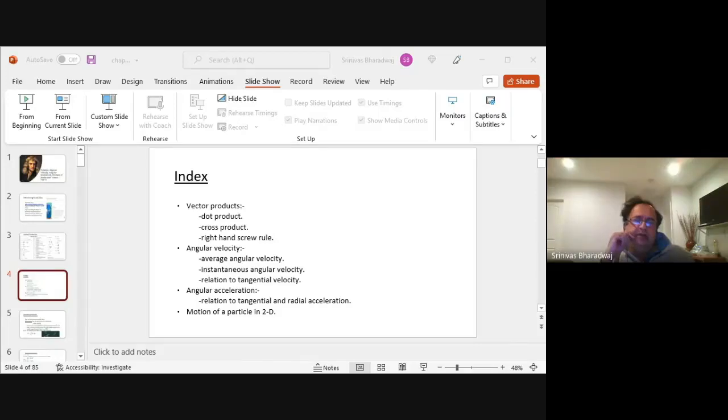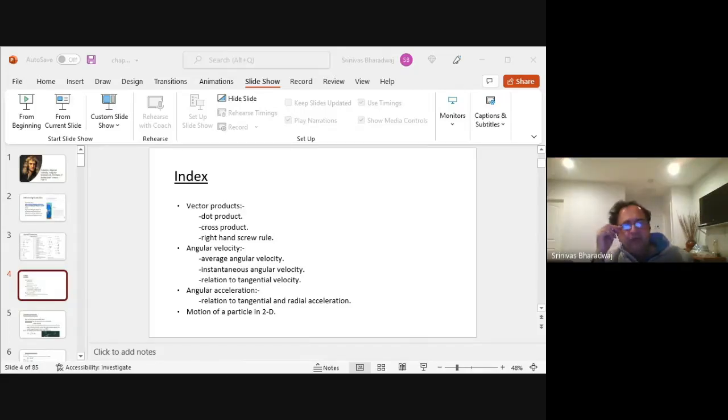The direction is perpendicular to the plane of A and B. You point A with the index finger, B with the middle finger, and A cross B is given by the thumb rule.